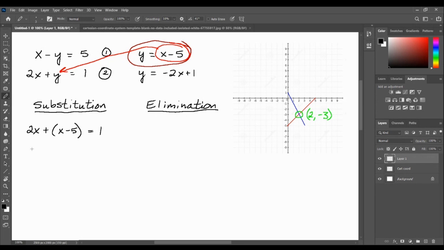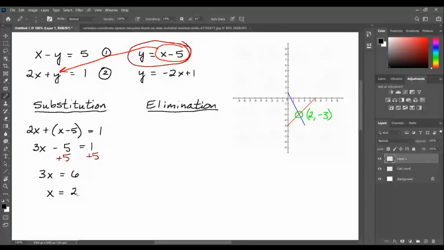So I can add these together. 2x plus x is 3x, minus 5 is 1. Add 5 to both sides, and I get 3x equals 6. Divide both sides by 3.